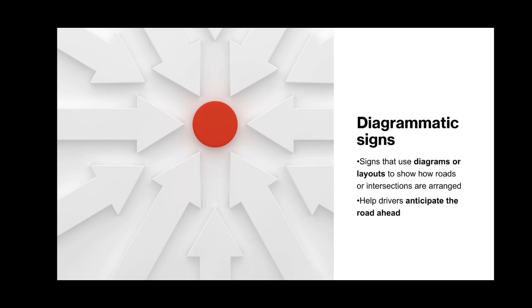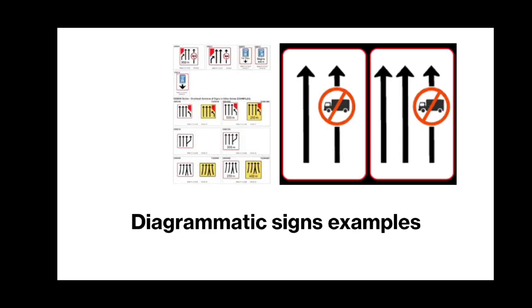Next up are diagrammatic signs. These are the signs that show the road ahead in diagram form. They're used mostly on highways and intersections where it's important to know the road layout early. They usually include arrows and lanes showing how the road splits or merges, town names and route names helping you to choose your path in advance, and distances so that you can move calmly and see how far you are from your destination.